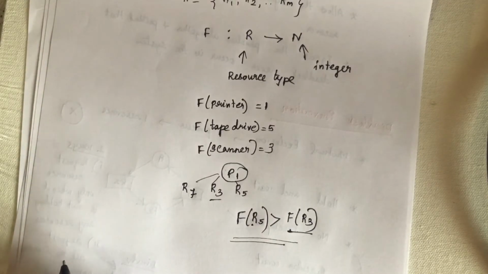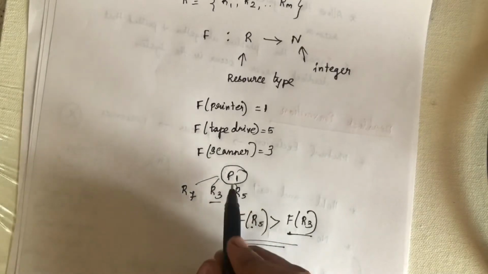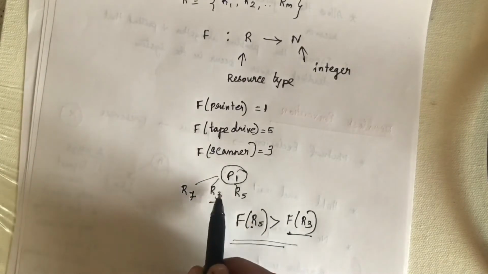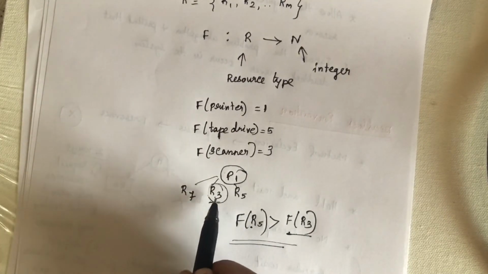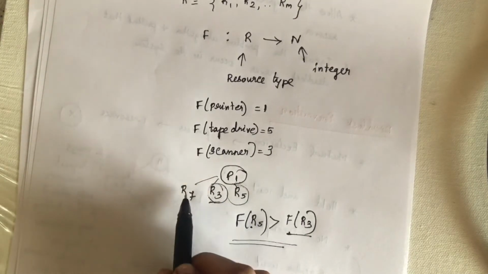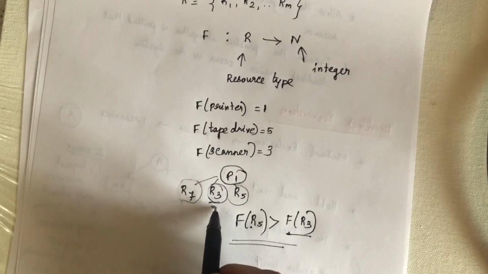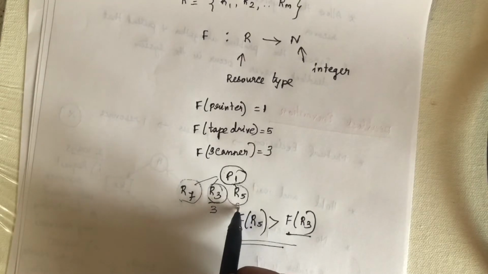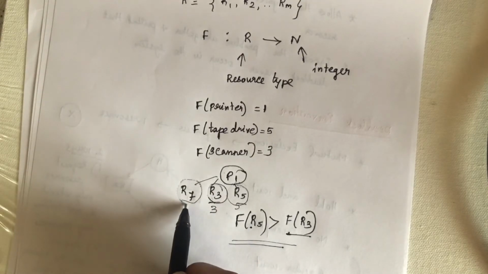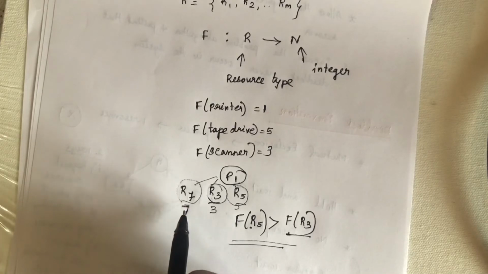Let me repeat. Process P1 can request R3, then R5, and then R7. Let me assume R3 has an integer value 3, R5 has an integer value 5 and R7 has an integer value 7.